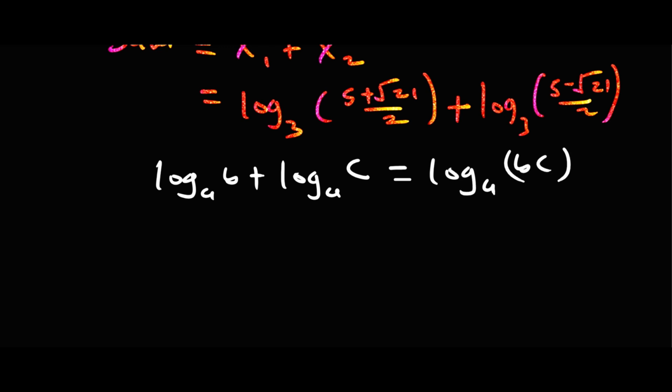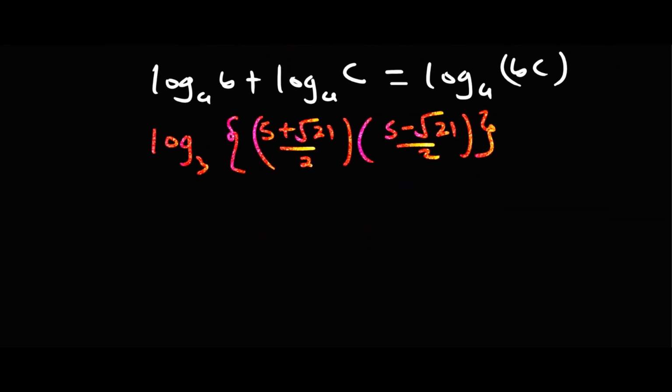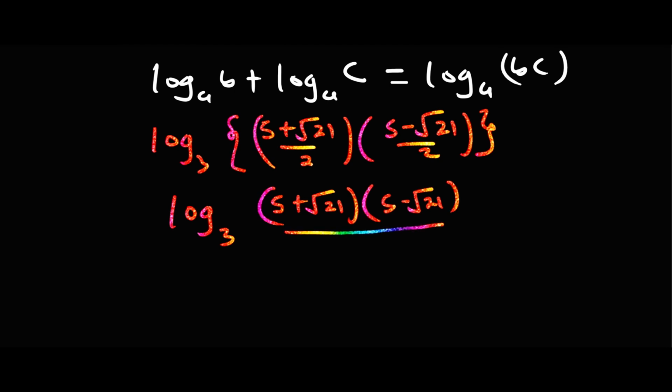So let us apply that here, so that we have log to base 3 of the product of the two, that is 5 plus root of 21 over 2 times 5 minus root of 21 over 2, close the bracket. So this is the same as log to base 3 of 5 plus root of 21 times 5 minus root of 21, then 2 times 2 is just 4.